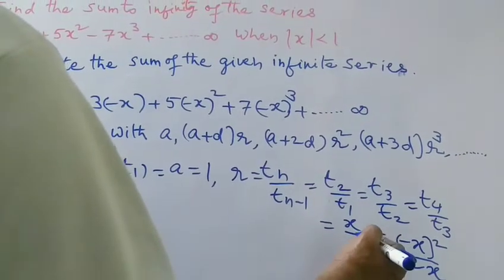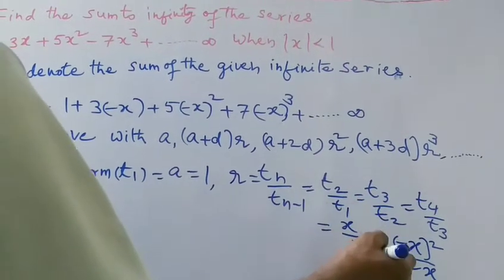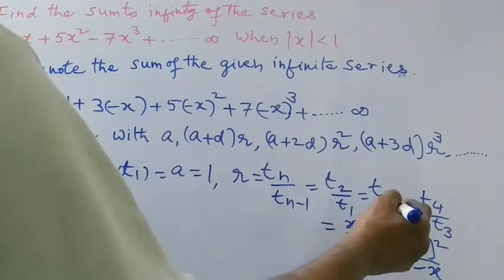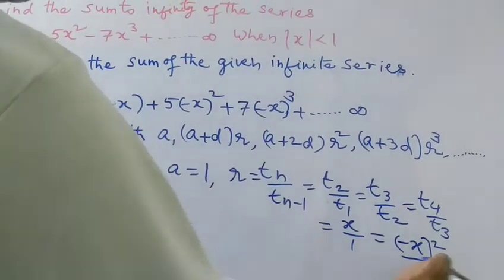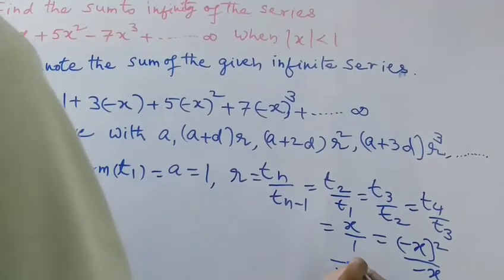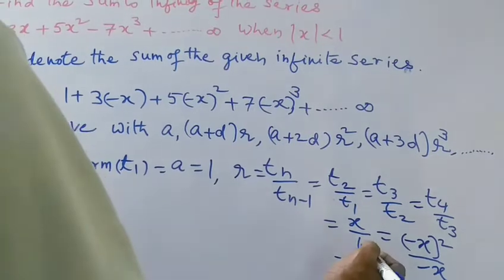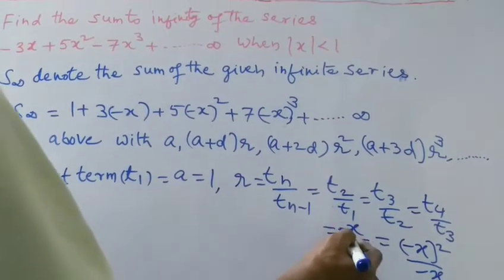So it is enough to find the common ratio of this series, and for later terms the same value will come. Here minus x by 1 becomes minus x.